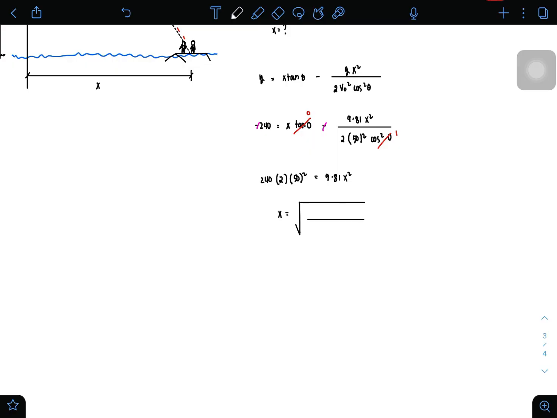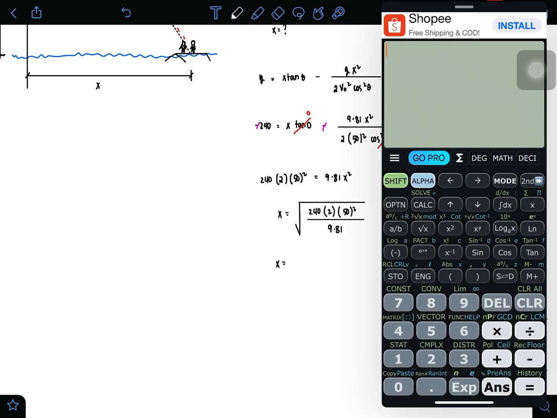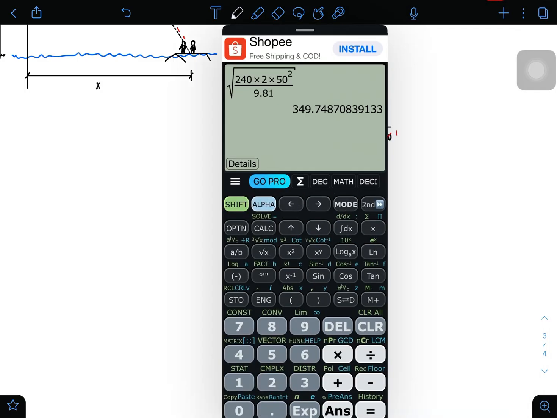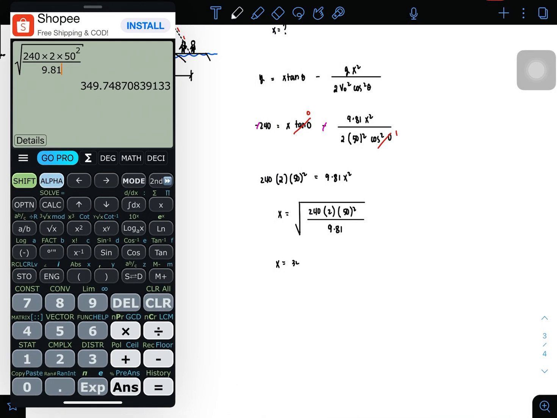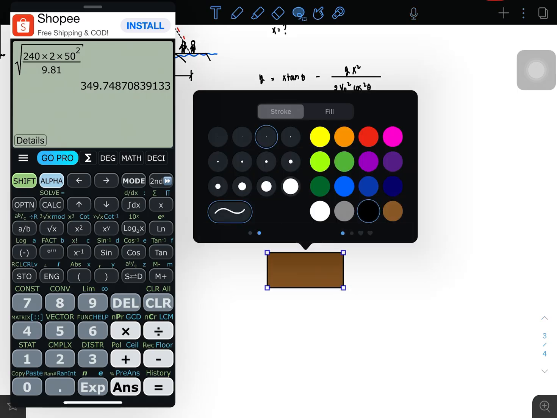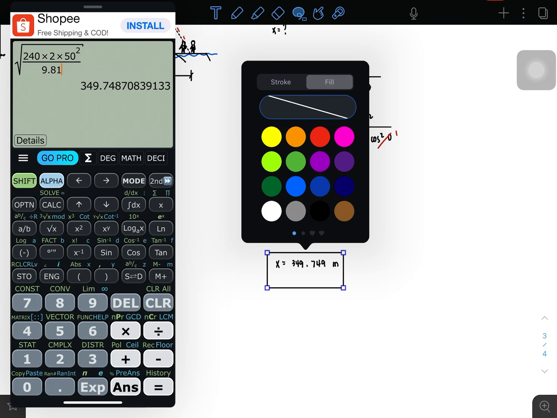So let's get this done. x is 240 multiplied by 2 times 50 squared, divided by 9.81, square rooted. The package must be released at 349.749 meters away from the position.